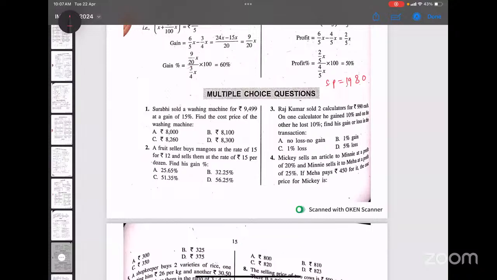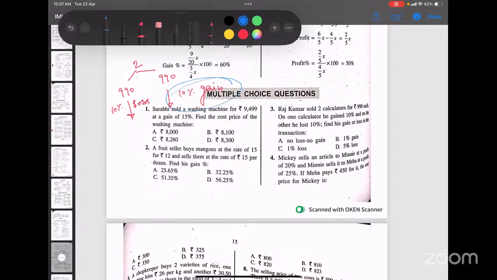Okay, so if we have 2 calculators, 990 each, on one calculator he gained 10%, and on the other it will be a 10% loss. Sir, no loss, no gain. Option A. The gain on one calculator will be cancelled by the loss on the second.